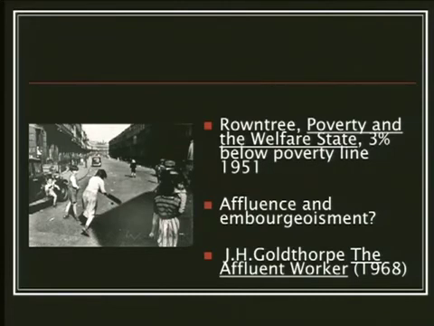Between 1945 and 1975, 1.3 million slums were destroyed. And many of those traditional working class neighborhoods, many of the inhabitants of those neighborhoods were relocated to new dormitory towns or to new areas within cities. So there's a physical change, which is, I think, important.